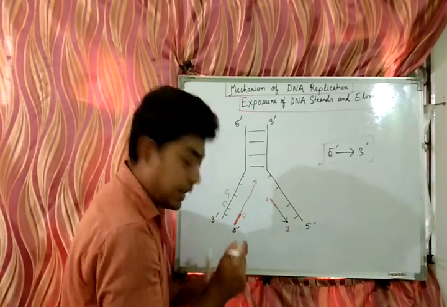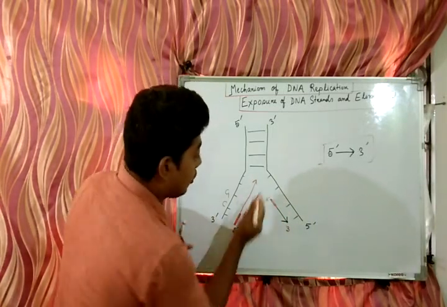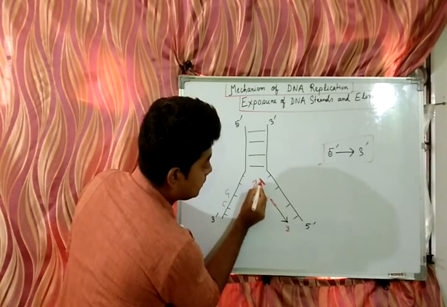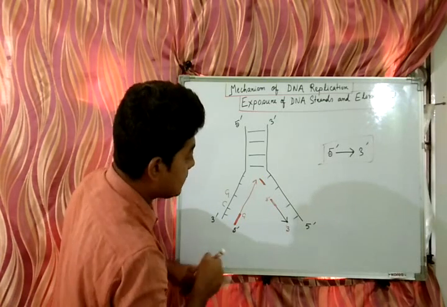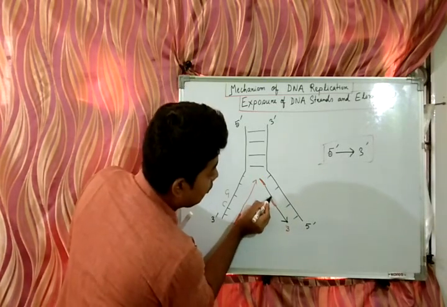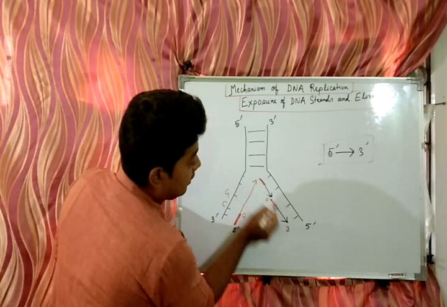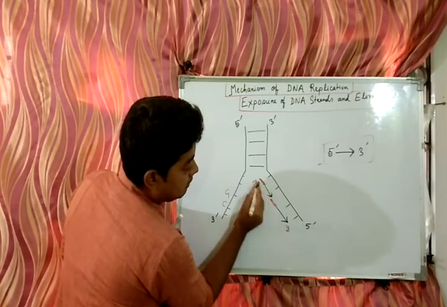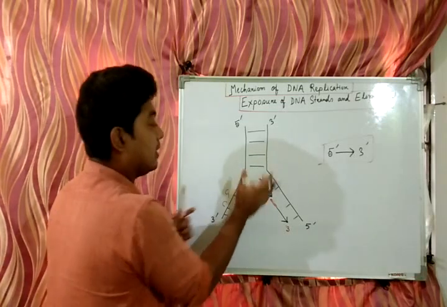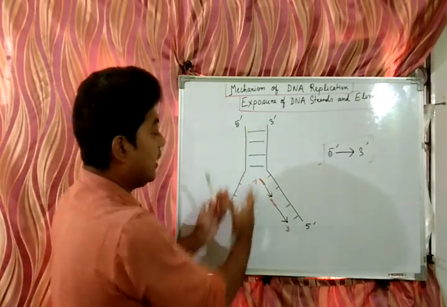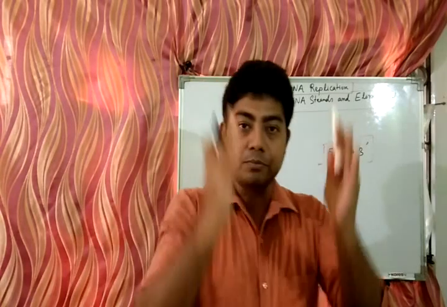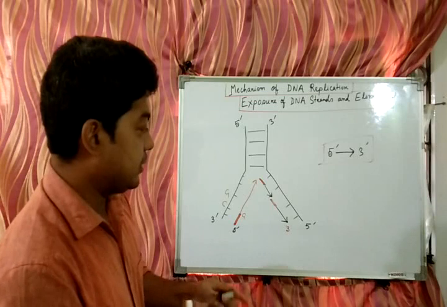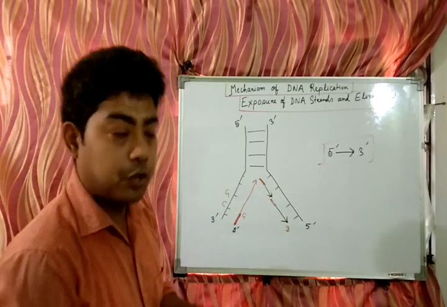Again, another primer will join there, and again it will synthesize in the 5 to 3 direction. This is the primer position, again a primer position at 5. Then again 5 to 3, 5 to 3, and gradually it will open up and the replication process is completed. Here, this strand is synthesized discontinuously.